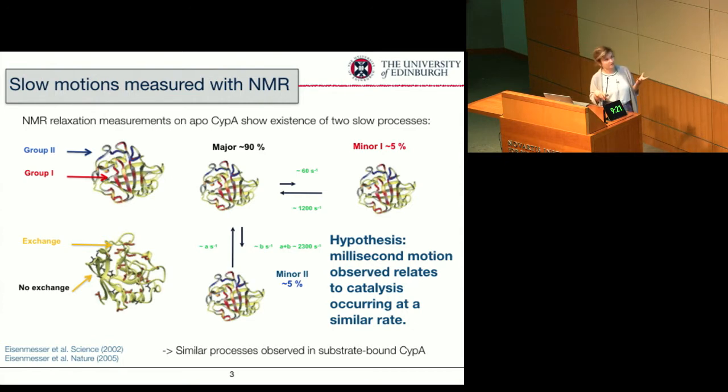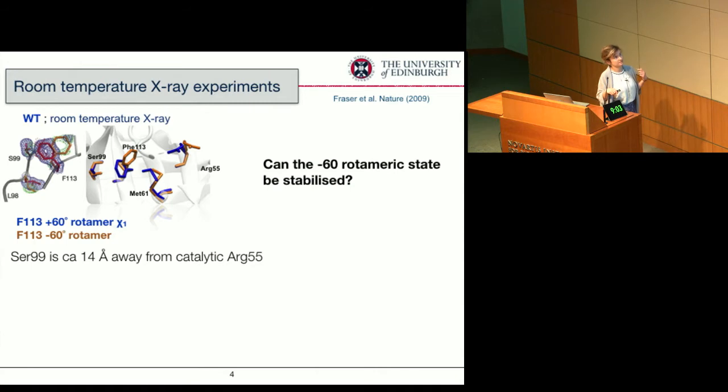But essentially what the experimentalists hypothesized is that this millisecond motion of this major to minor conformation involving these group 1 residues occurs at the same time as catalysis. So they might be related. In order to test this, they looked at crystal structures, and they found that phenylalanine 113 takes two rotameric states, the +60 and -60 rotameric state.